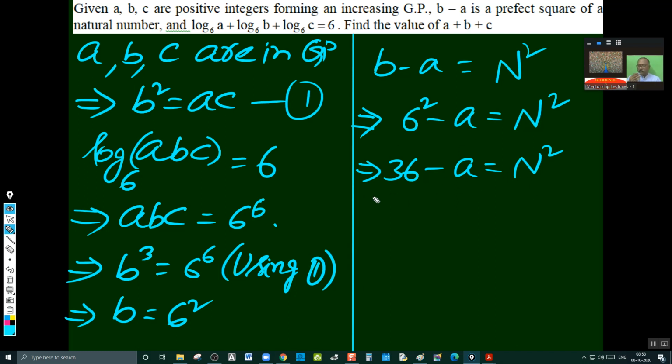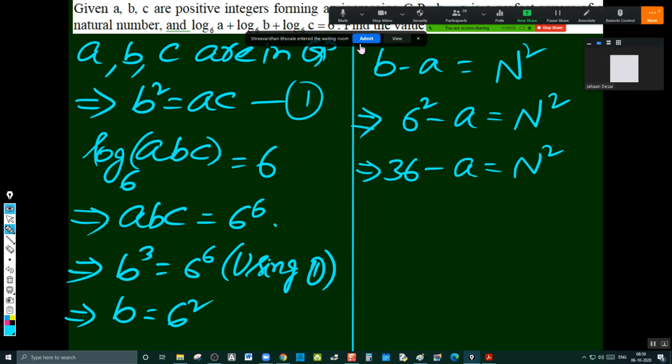We can verify, right? Will someone try? A is a term in the GP, so it may not be 1, 2, 3 or 4. For what values does it become a perfect square?